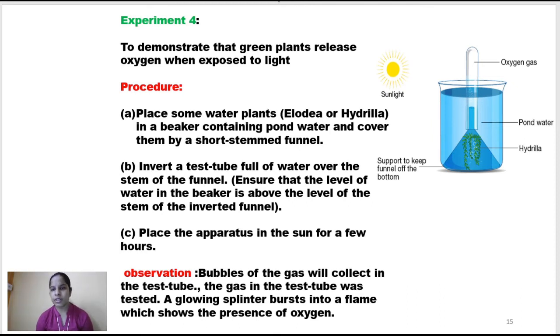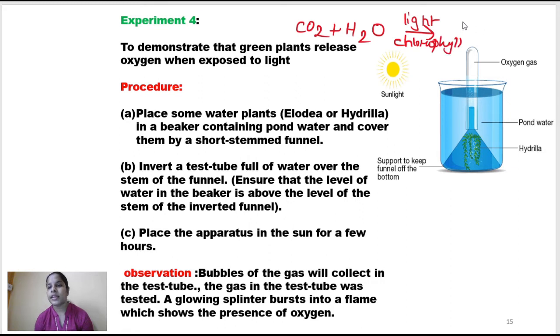If we remember the equation, it was CO2 plus H2O, in presence of light and chlorophyll, gives C6H12O6, which is glucose, plus oxygen plus H2O. I have not balanced the equation; I have just represented it in the simplest form. So we have seen that oxygen was released as a byproduct.